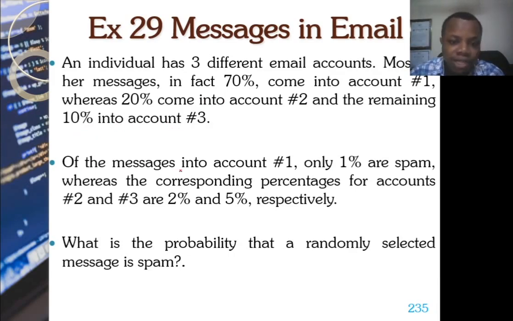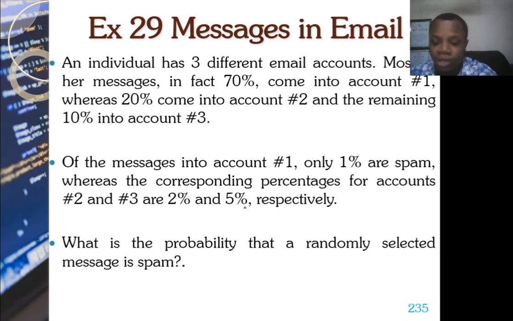Of the messages that come into account 1, only 1% are spam, whereas the corresponding percentages for accounts 2 and 3 are 2% and 5% respectively. So what is the probability that a randomly selected message is spam? This happens to be our question.